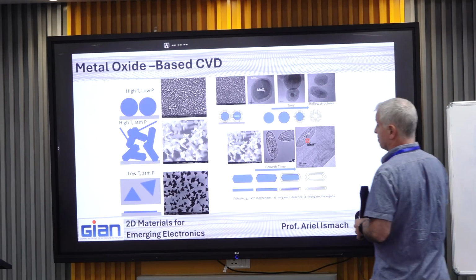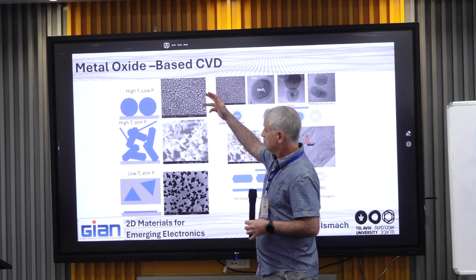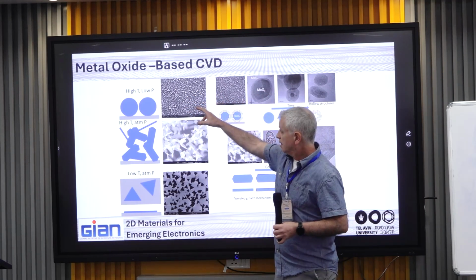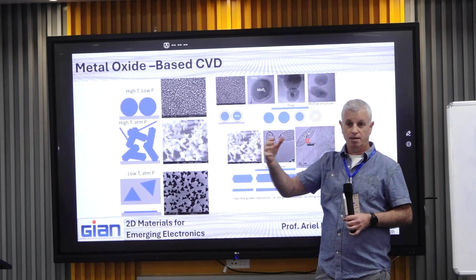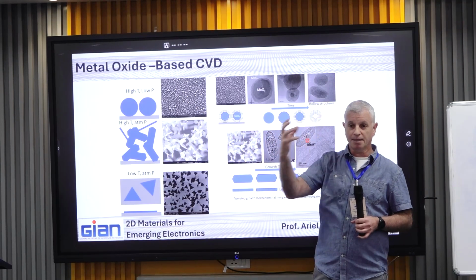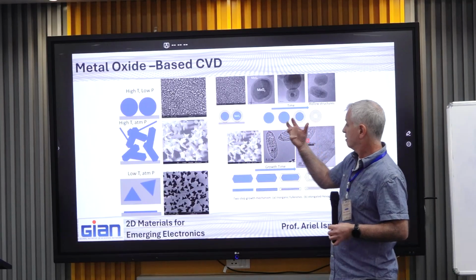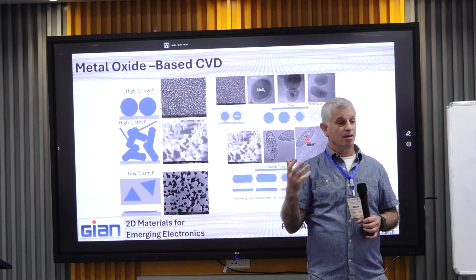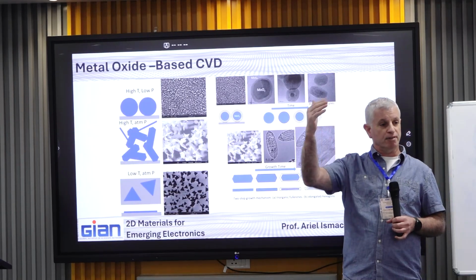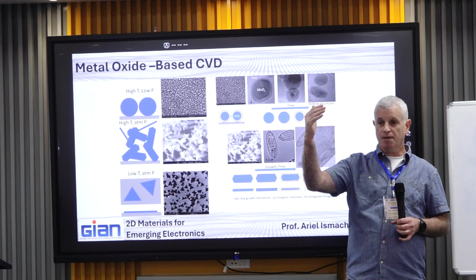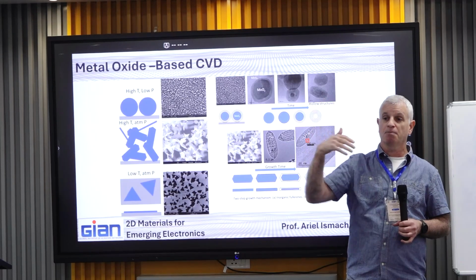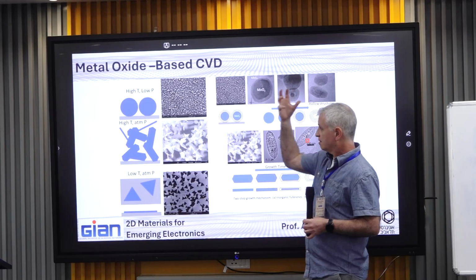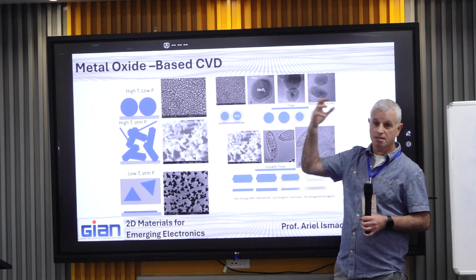For example, in some conditions, nanoparticles of metal oxide are grown on the surface before the sulfur arrives. That means too much flux of the metal was reaching the substrate before the sulfur arrived. Therefore, the metal oxide is formed before the reaction with the sulfur.